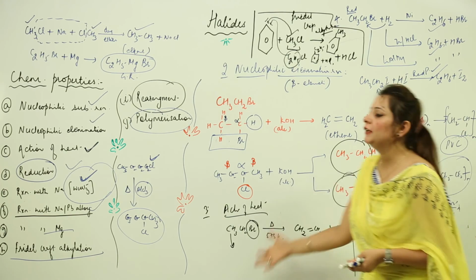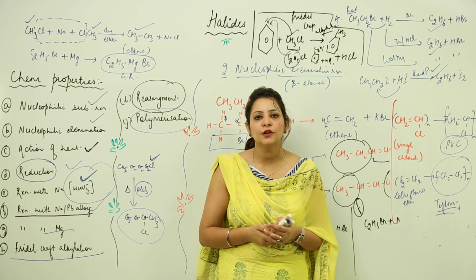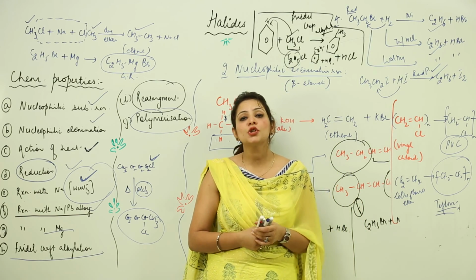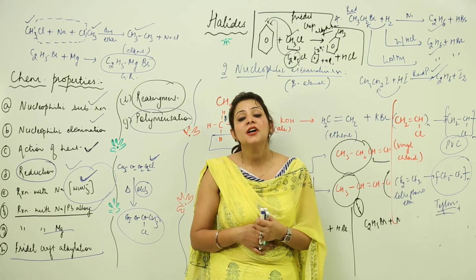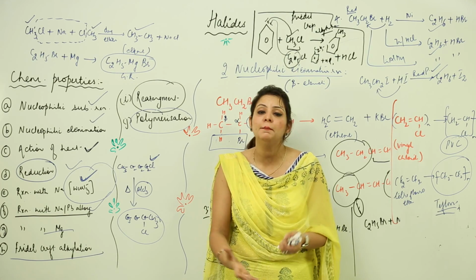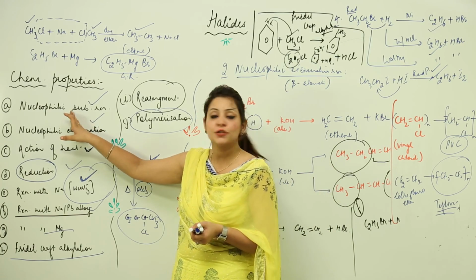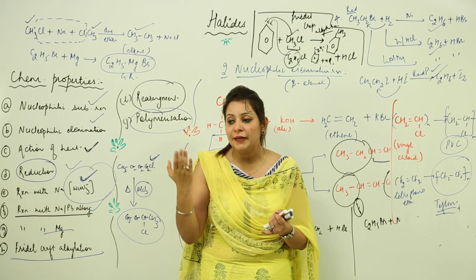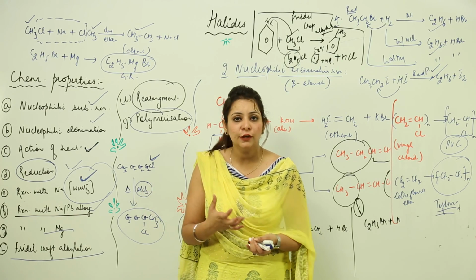So I've made you familiar with almost all the chemical properties of haloalkanes, and as you saw, haloalkane is an important compound because it helps in the formation of many chemical compounds. In nucleophilic substitution reactions we prepared many compounds: cyanides, nitro compounds, and many other kinds.